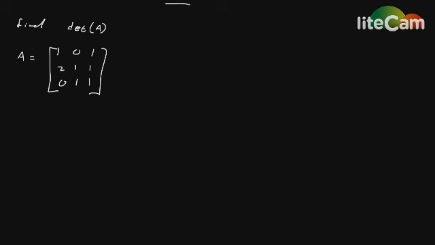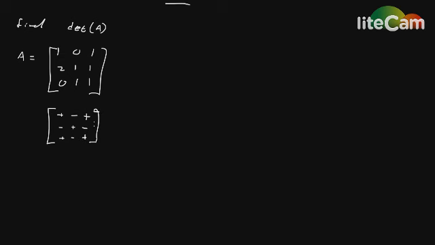Now, remember what we said about finding determinants. Let's quickly draw out our checkerboard matrix, or our pattern board matrix. Plus, minus, plus, minus, plus, minus, plus, minus, plus. Now remember what we said about a 3 by 3 matrix.